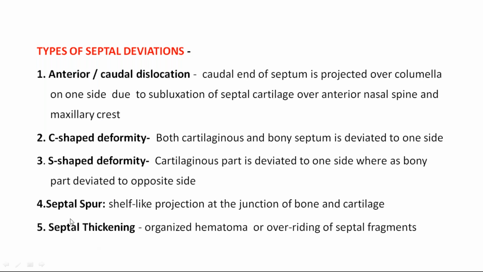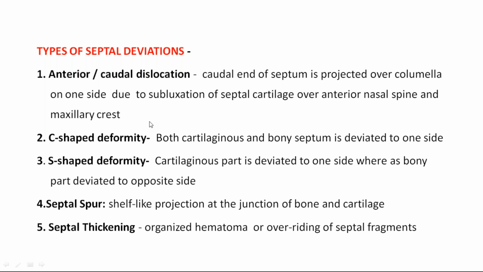The septal spur is a shelf-like projection at the bony cartilaginous junction. Very important, you should know the definition of a spur. It is a very frequently asked question in your exam. In caudal dislocation, the caudal end of the septum is projected over the columella on one side due to a subluxation of the septal cartilage over the anterior nasal spine and maxillary crest.